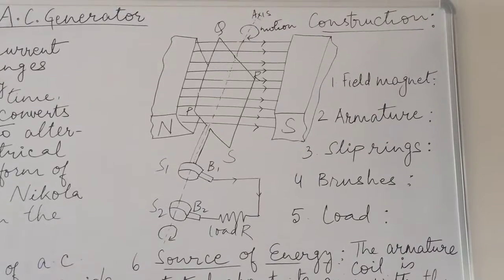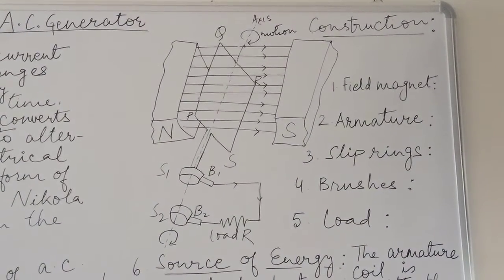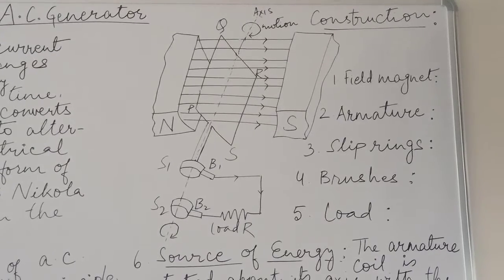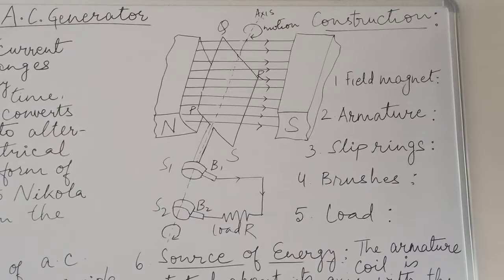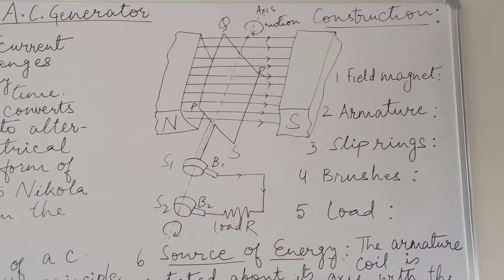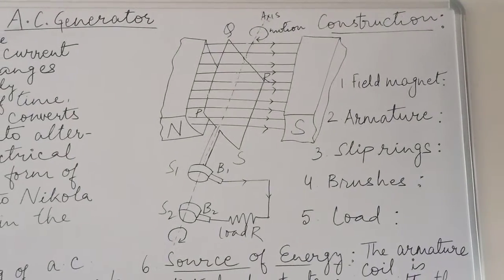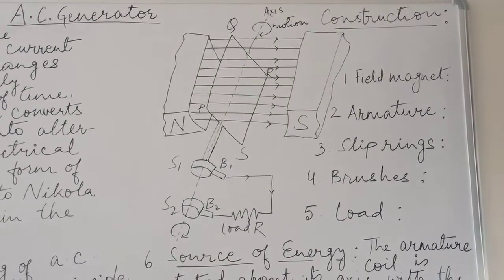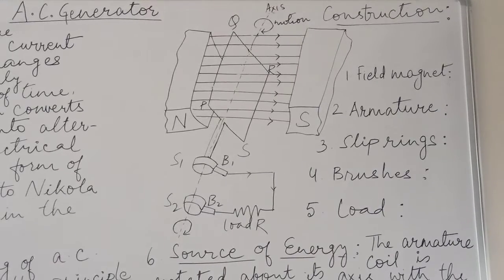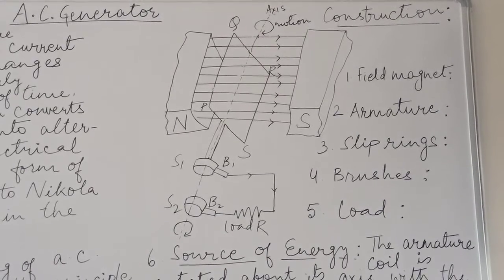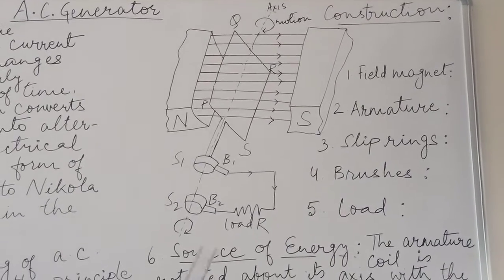The rings are rigidly fixed to a shaft which is used to rotate the coil. The slip rings are insulated from each other as well as from the shaft. As the armature coil rotates, the slip rings also rotate about the same axis of rotation.